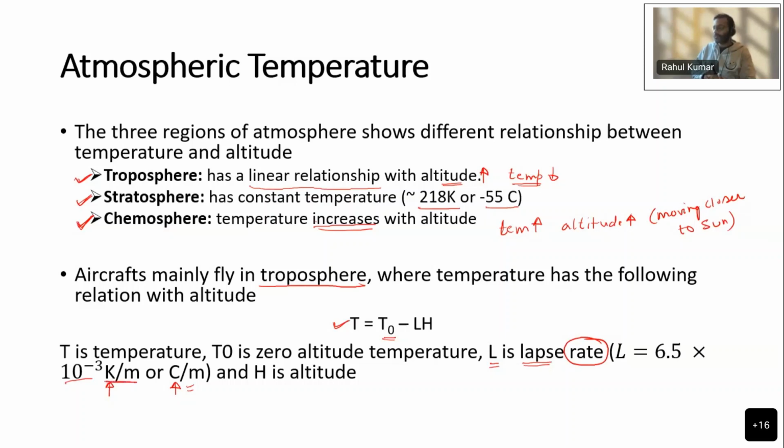Either you can use Kelvin per meter or centigrade per meter, because L is the rate of change of temperature. Now H is the altitude in meters.